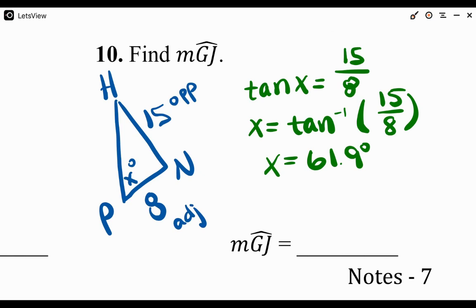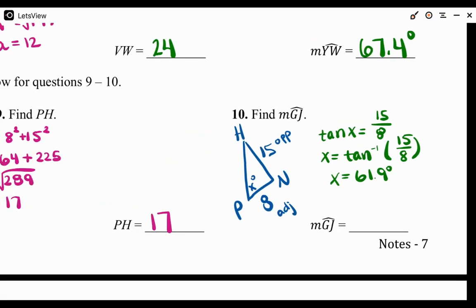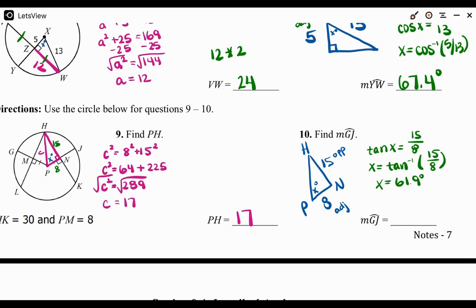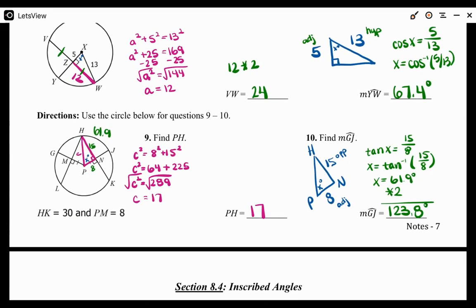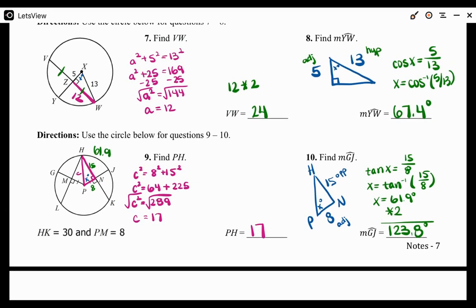But remember, that gives us HJ. So this is 61.9. We want GJ. So just times that by 2. So 61.9 times 2, we get 123.8 degrees. Okay, and that is the end of section 8.3.